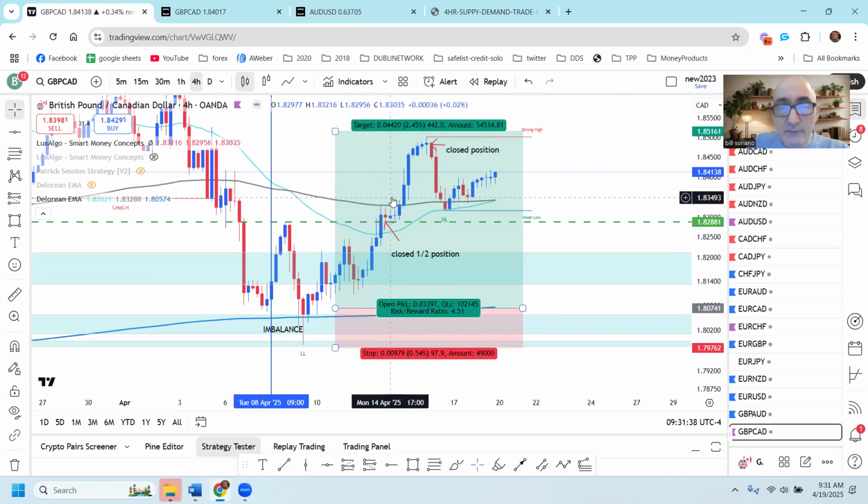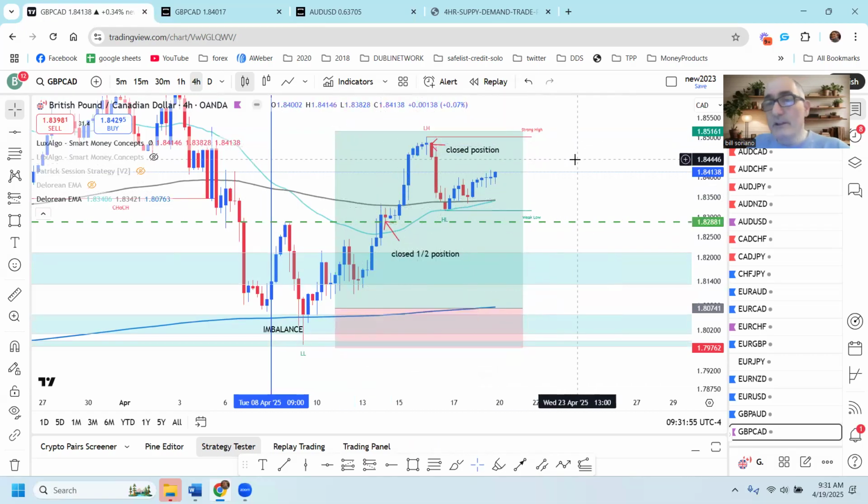So we closed half of our position here. Once price moved up, we initially put our stop loss at here instead of break even because we already had a trailing stop loss point that we could use. Okay. And then it moved up and then we got our 3% gain.